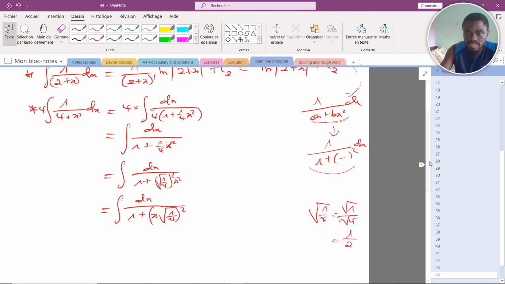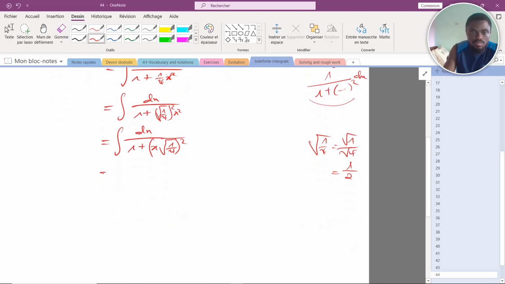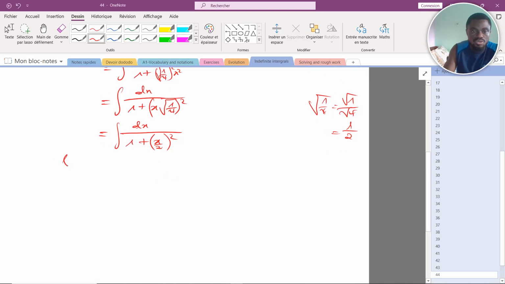So this integral becomes the integral of dx all over 1 plus x on 2, all that squared. Is that okay? Okay. Now, this is already in this form. Now we are free to do our substitution. So let tan theta be equal to what? x on 2.